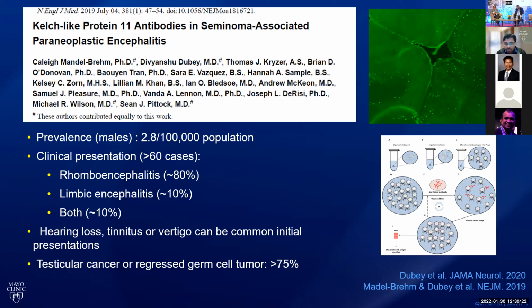One important thing I would like to highlight: many of these cases have hearing loss along with these CNS manifestations or preceding them. That's one red flag we should keep in mind. A young patient presents with asymmetric onset hearing loss, which progresses and goes on to affect the other ear. Soon the patient starts developing double vision or speech changes. That's a major red flag, or a classic story of Kelch-11.